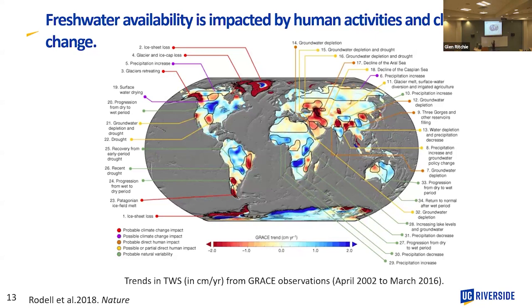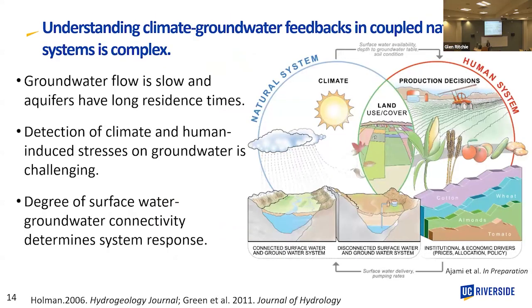Looking at the trend in the past 20 years, you see some areas with a significant decline in terrestrial water storage. And of course, again, California and Texas are among the hottest spots. The reason for this decline is partly related to groundwater depletion and partly to droughts.